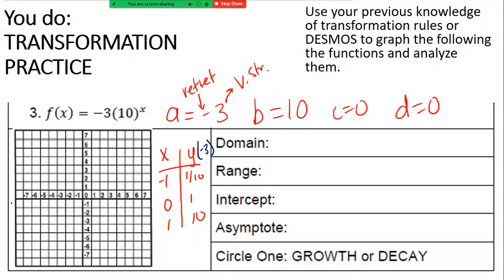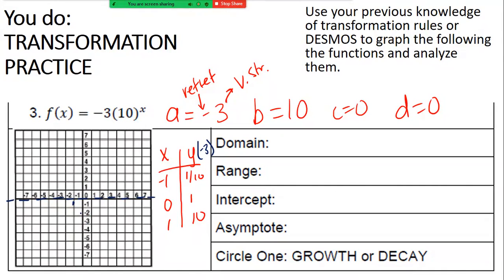So our asymptote is still at 0 because our D equals 0. I mean, why would you minus 0? We're just gonna multiply. If you have a dime and you spend 3 dimes, you now have negative dimes, right? You have -3/10. So somewhere in here.